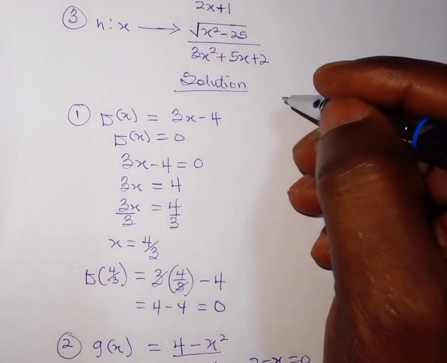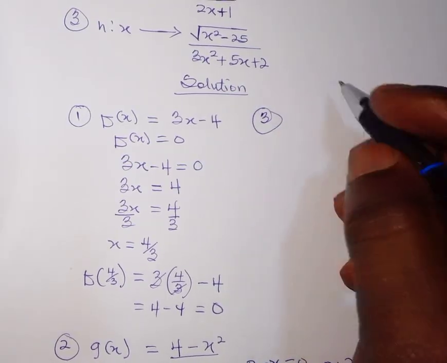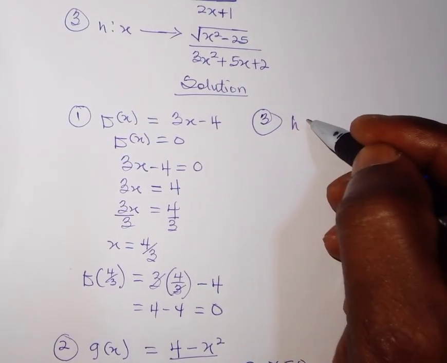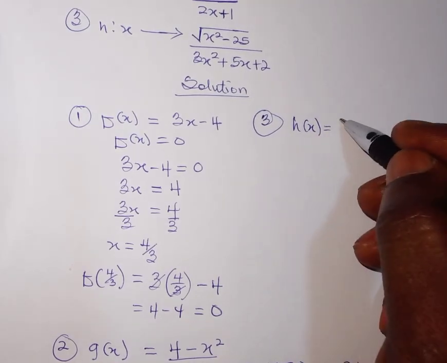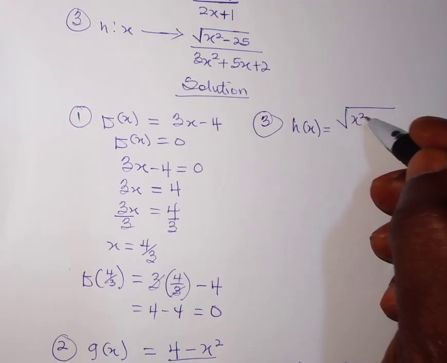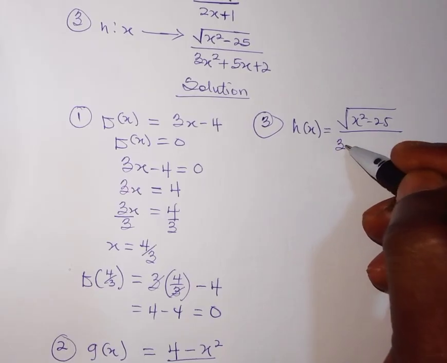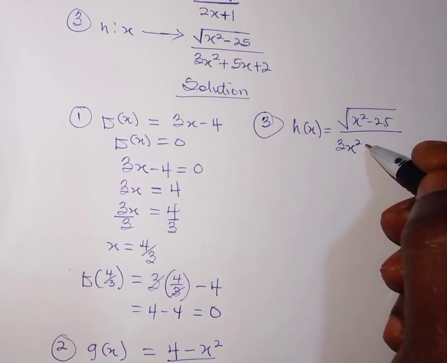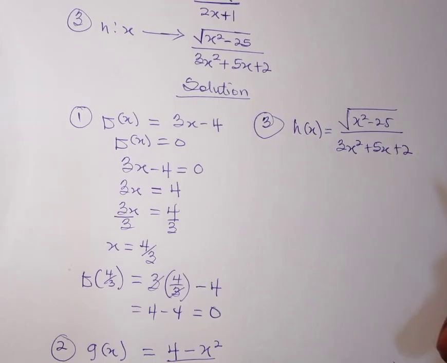So for the third example, we have h of x is equal to the square root of x squared minus 25 all divided by 3x squared plus 5x plus 2.